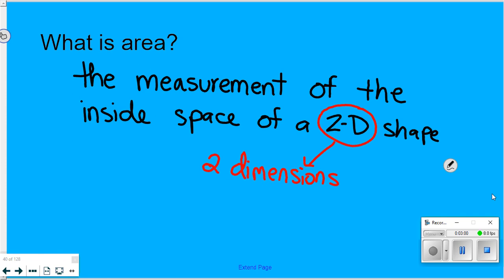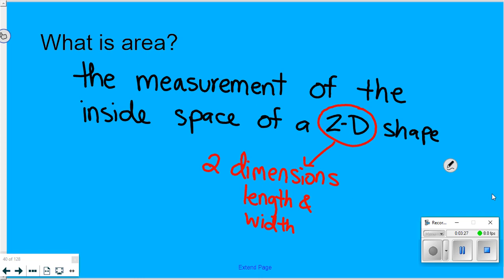We're going to talk about it. 2 dimensions. The dimensions are what I'm measuring. The 2 dimensions that I'm measuring of a flat shape are length and width. Those are the 2 things I'm measuring.